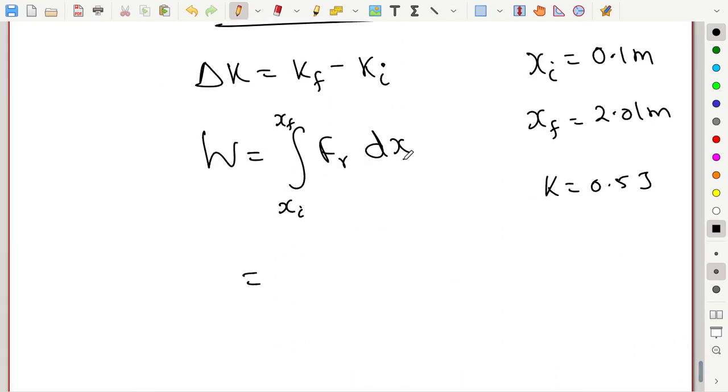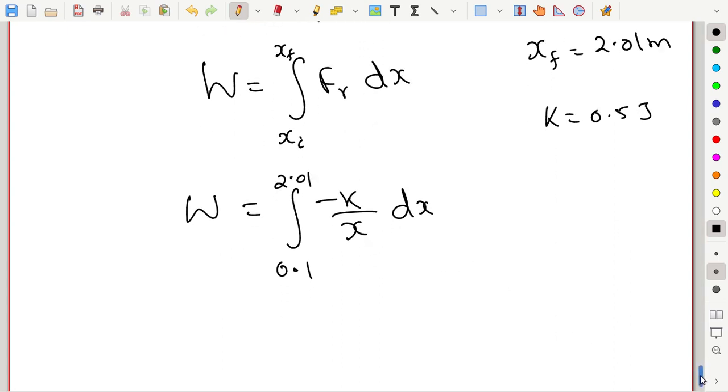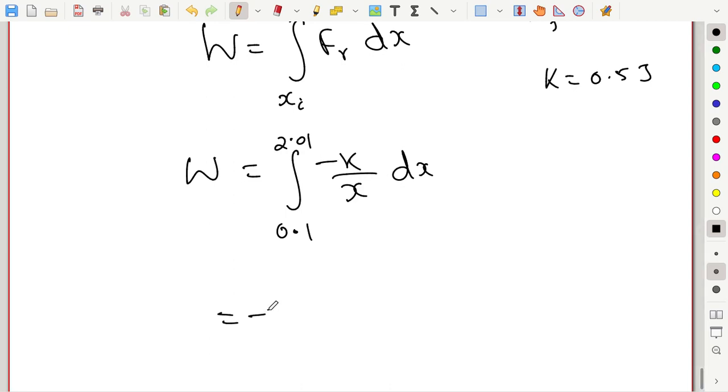So it's possible to integrate. So the work done equals the integral from 0.1 to 2.01 of minus k by x dx. Okay, so we can take this k outside. So minus k times the integral from 0.1 to 2.01 of dx by x.